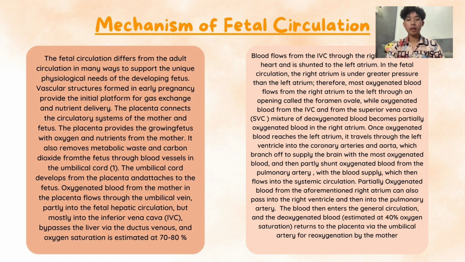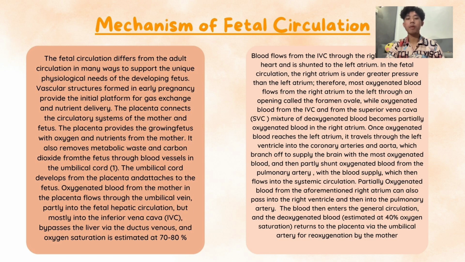Partially oxygenated blood from the aforementioned right atrium can also pass into the right ventricle and then into the pulmonary artery due to the high perfusion resistance of the lungs.